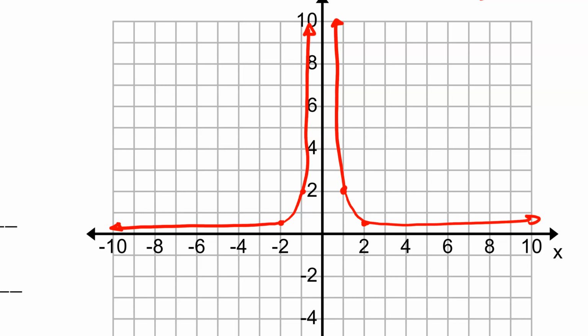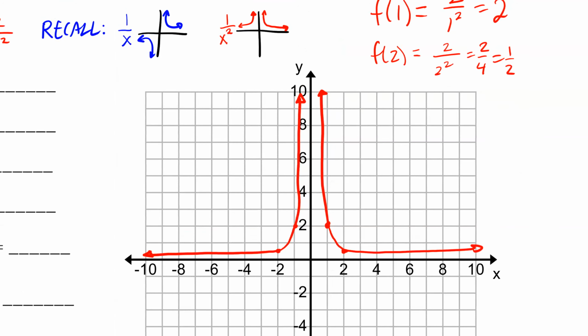Fun fact. Let's go back to some intuition. The difference between 1 over x squared, 1 over x to the 4th, 1 over x to the 6th, all of these: I don't know if you really need to know this, but you see this part right here, it just gets closer and closer to the axes. As you get higher exponents in the bottom, it just sucks it in closer to the axes.